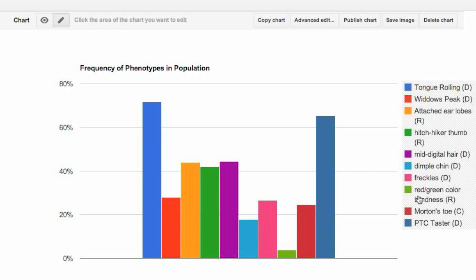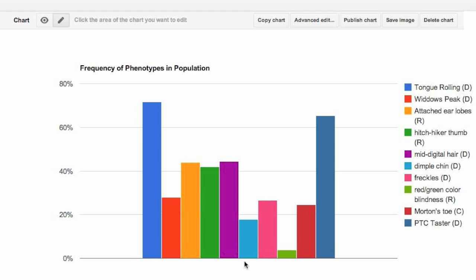And when you look at red-green color blindness as a recessive trait, certainly it's not a very common trait. So students tend to think that if something is dominant, it will be common in the population, and if it's recessive, it'll be rare. But as you look through this data, when they can argue from the evidence, they realize that this doesn't always hold true.